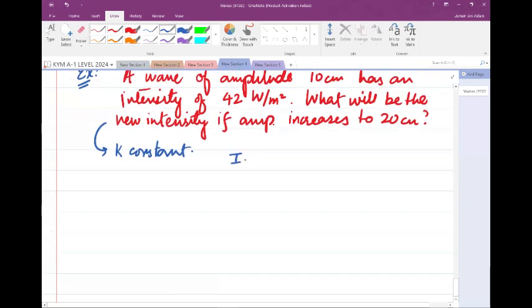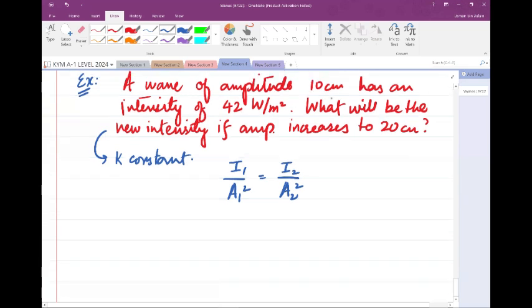Let's see, I1 over A1 square equals I2 over A2 square. Now just recall the previous intensity and the previous amplitude. The wave has an amplitude of 10 centimeter. That's the first amplitude. Has an intensity of 42. That's the first intensity. What will be the new intensity?